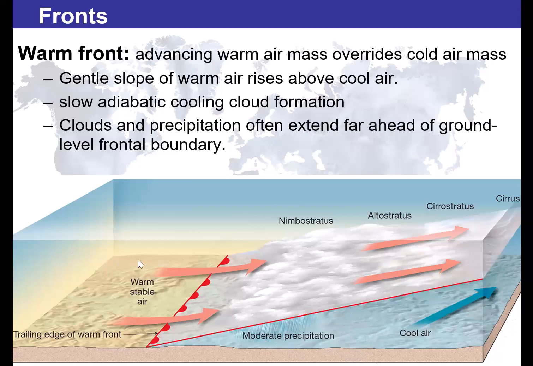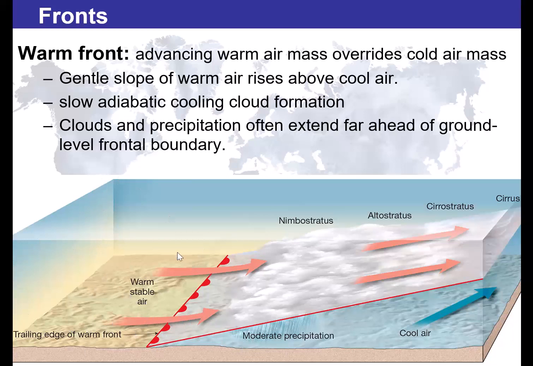And even though the warm air is moving from left to right, we're looking at this as the trailing edge of the warm front. So you can think of this as the last section, again, where that cold air is located, because this line is also going to be moving from the left side of our screen to the right. So it's the trailing edge of warm. So everything behind it is warm.